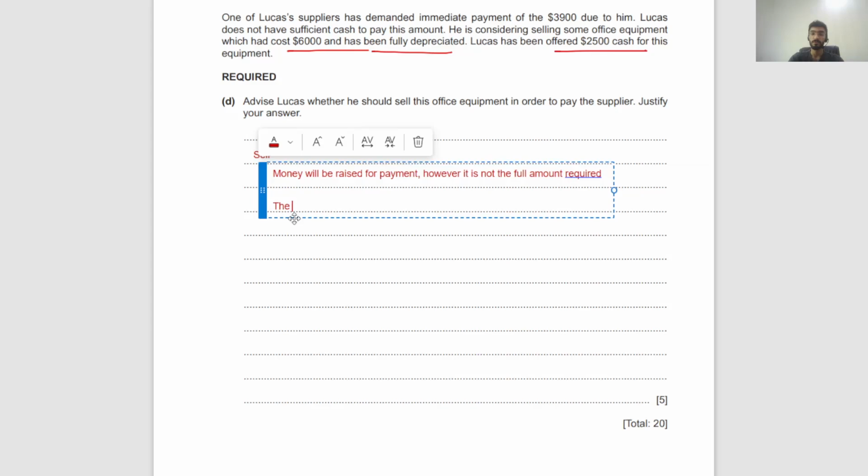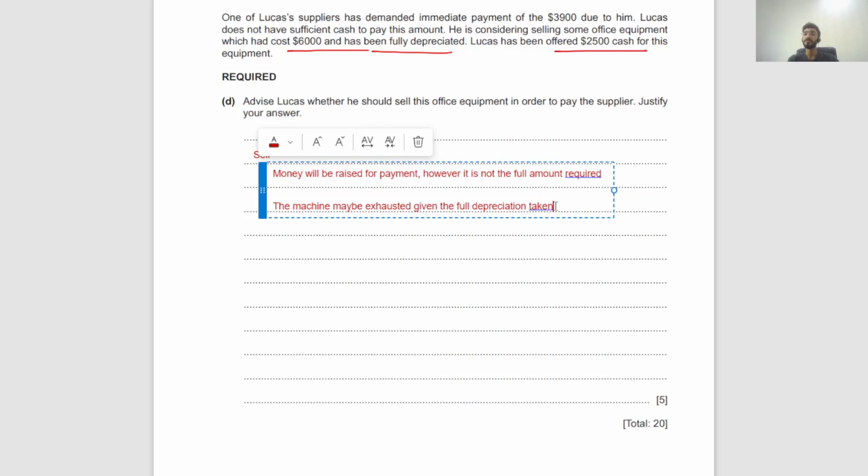the machine may be exhausted, maybe, right? We don't know. Assumption. Exhausted, given the full depreciation taken, given the fact that it's fully depreciated.